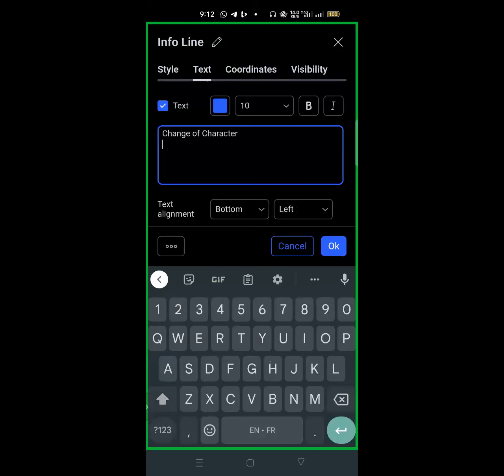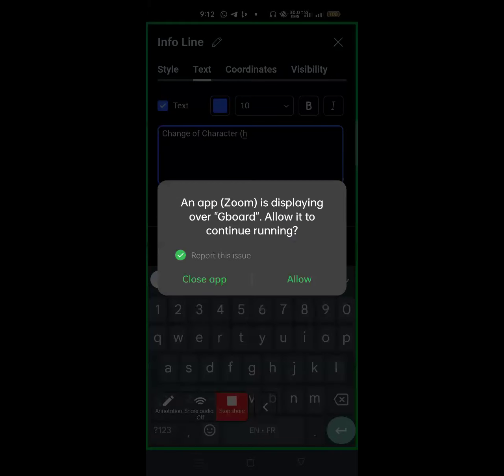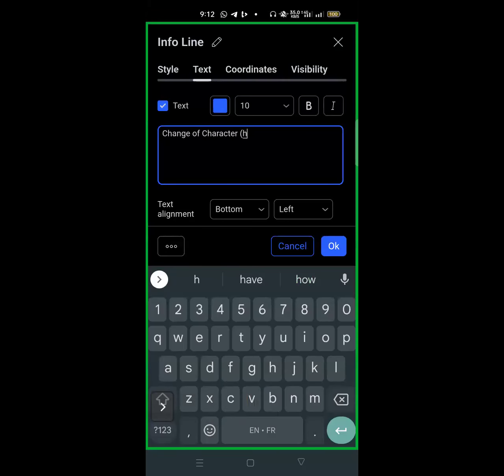Or you call it, let me do it this way. So this is what they usually use. Let me put this here. This is what they usually use.